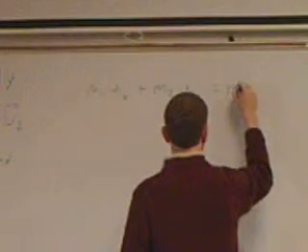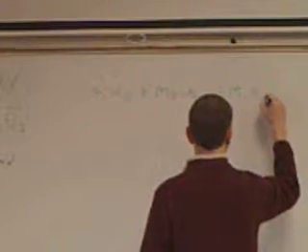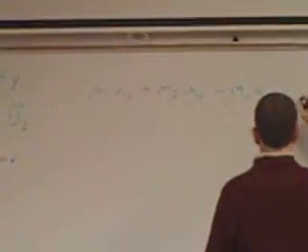Start off with M1 times U1x. Note this is not a vector anymore. This is a scalar quantity of U1 in the x direction. So we have M1 U1x plus M2 times U2x, also a scalar quantity, equals M1 V1x plus M2 V2x.